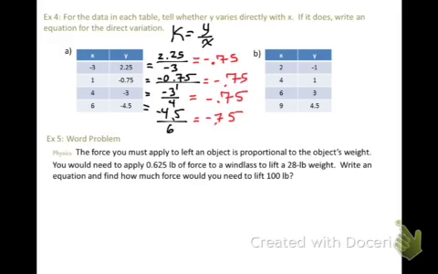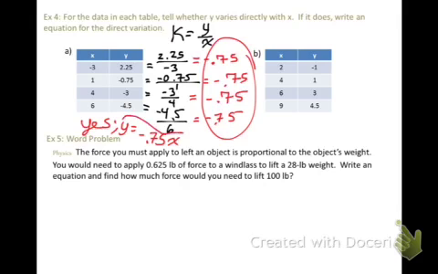Now, if all of them are the same, which they are, you're going to say yes. And then you're going to write the equation. You're going to write y equals -0.75x. Because that is your constant right there, the 0.75.